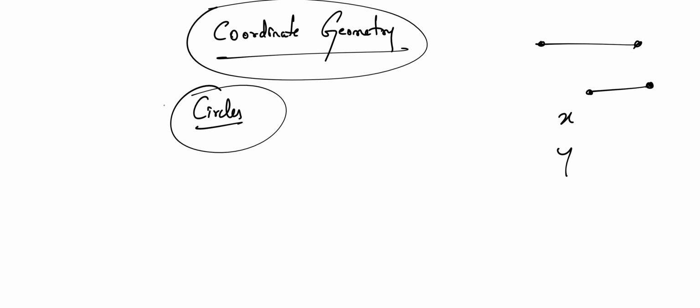And coming back to the chapter, areas related to circles. In that chapter, majorly you have to remember the formulas. The most important topic in the areas related to circles chapter is formulas. Area of sector, area of segment, area of major sector, area of minor sector, area of major segment, area of minor segment.